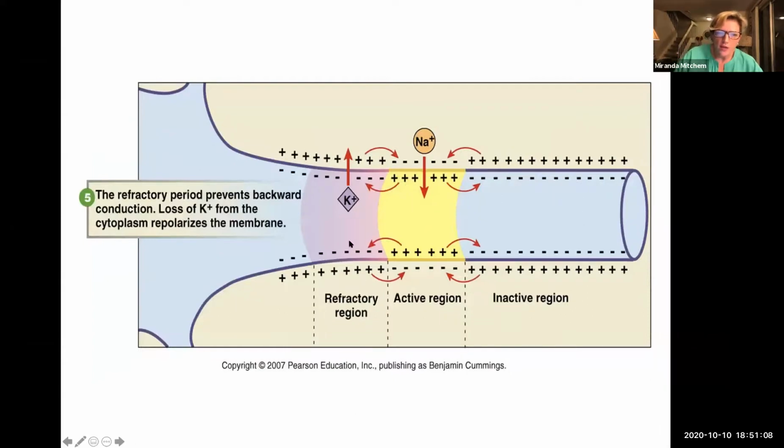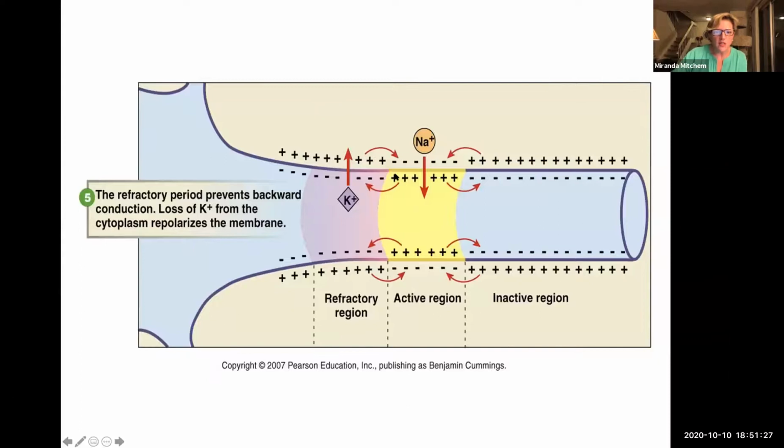So the refractory period here prevents the system from going backwards, right? It's active, but it's going to keep it moving towards the inactive region. The inactive region becomes active as the ions and electrical current changes.